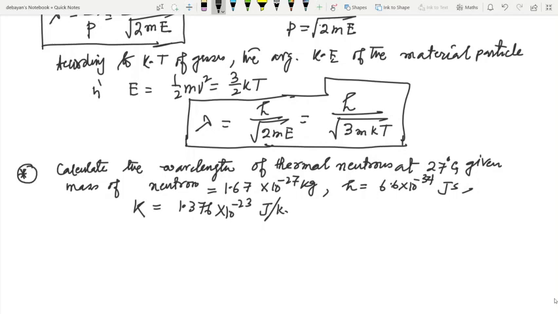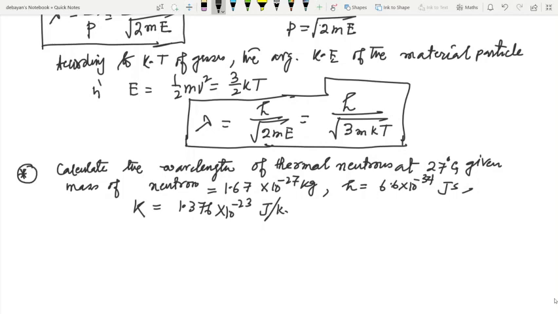So we know the formula, lambda is equal to h by root over 3mkT, and from that we just place the values. In a particular problem you should know the formula, otherwise you cannot solve it.